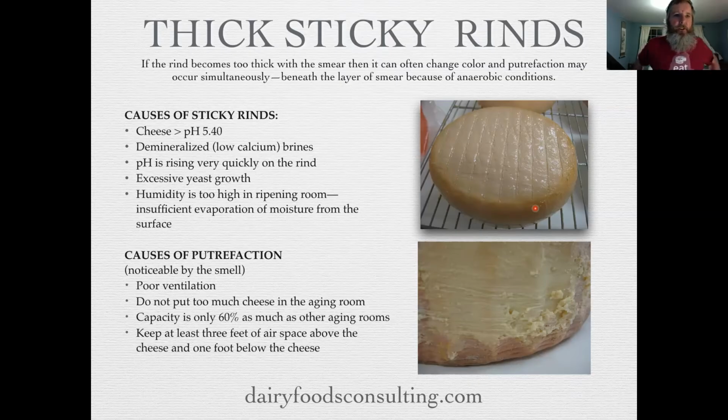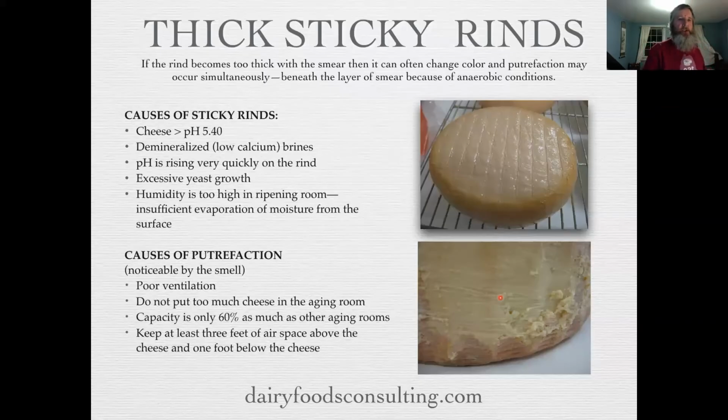And so these are some of the things that would be causing a thick, sticky rind that could actually begin to get so bad from being this really thick smear to where you're trying to maybe wipe this stuff off and you realize that, my gosh, there's no rind left where that stuff is because there's so much proteolysis that it's eaten away the cheese rind.